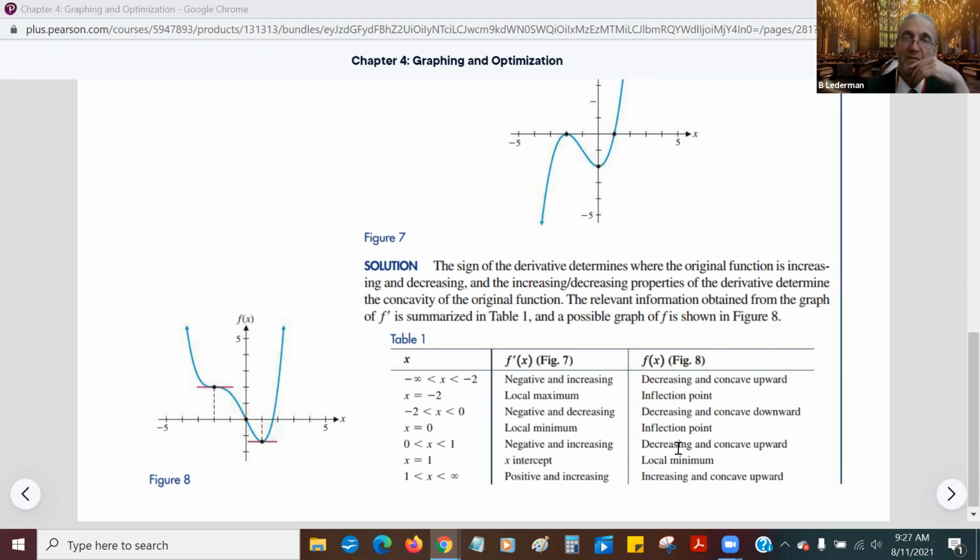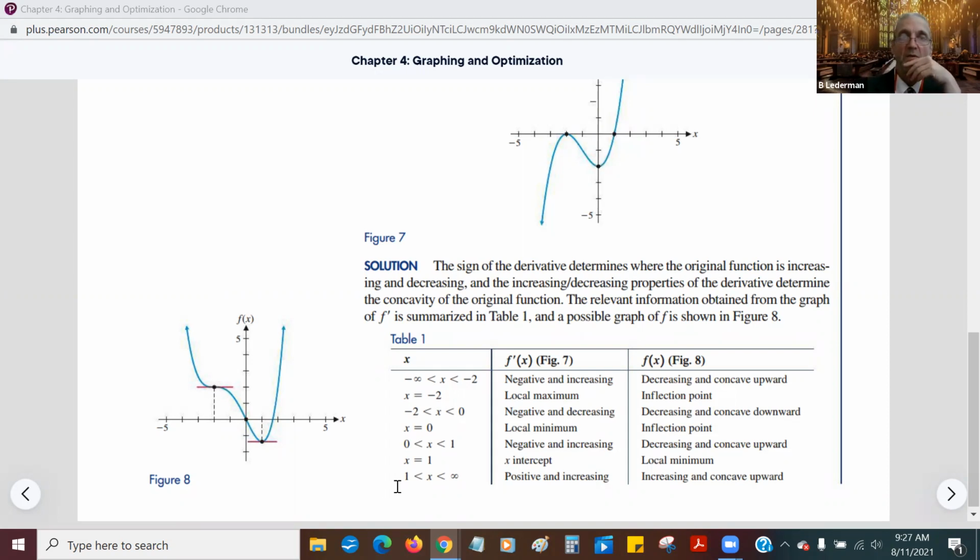So the function itself is decreasing, but it is concave up. And when x equals 1, that's the x-intercept, which means that's a local minimum. Why is that? Because if the first derivative is equal to 0, then the function itself has a local minimum, and also the derivative itself is changing signs. That's the first derivative test.